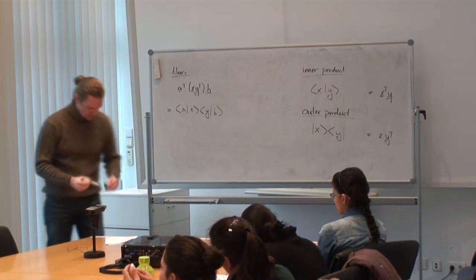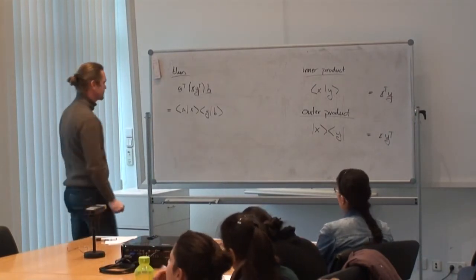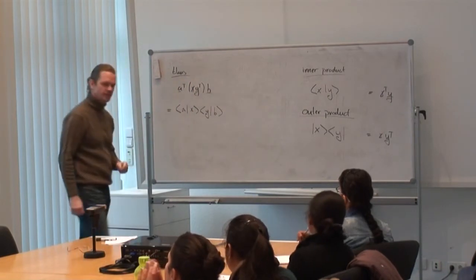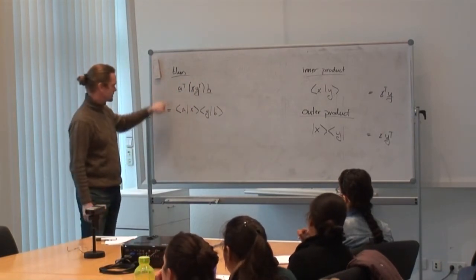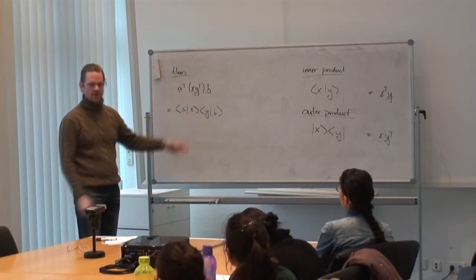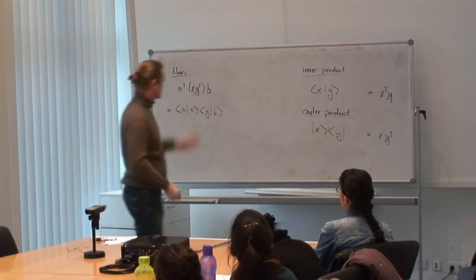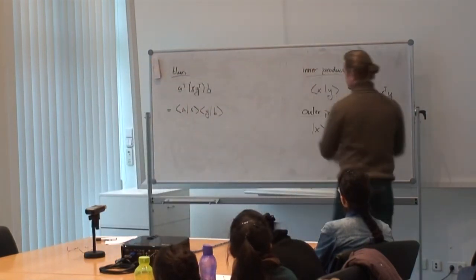And here is the brilliance of Dirac, because I spent a whole whiteboard on discussing that this is the same as the inner product of two vectors times the inner product of two vectors. And now we can actually see it, just because the guy was clever enough to introduce this notation.